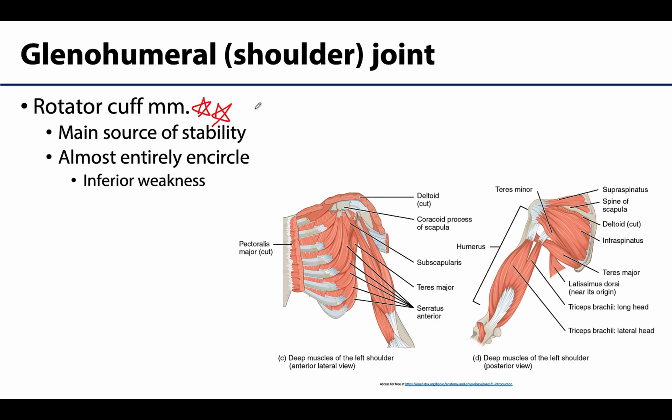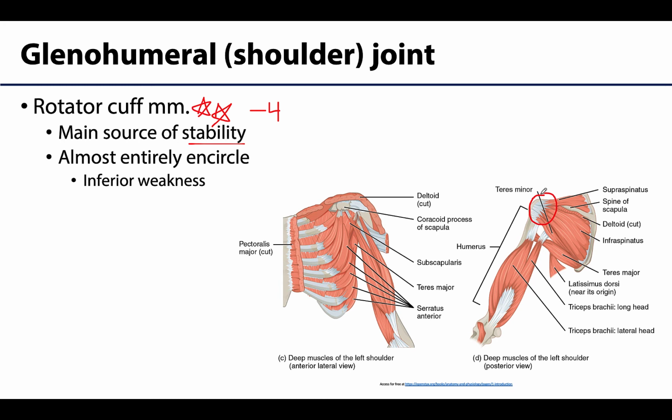So the rotator cuff is made up of 4 muscles that are the main source of stability of the shoulder joint. I'm not going to get into the 4 different ones quite yet. We will in the muscles video. But what I do want to note is that these 4 muscles form an almost complete encircling of the glenohumeral joint region.